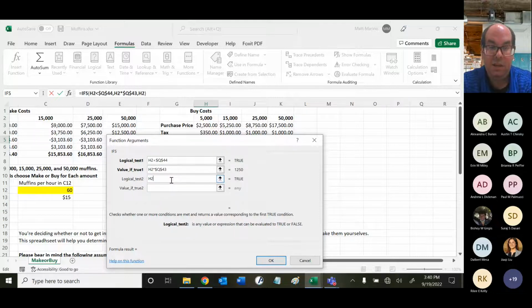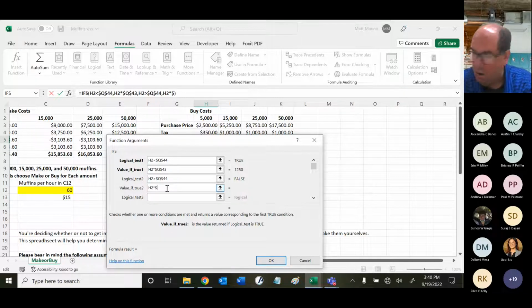But if H2 is greater than our absolute in Q44, then we multiply H2 by the cheaper amount, which is in cell R43, and make that an absolute. Does everybody understand that?